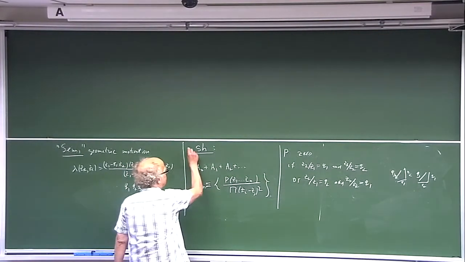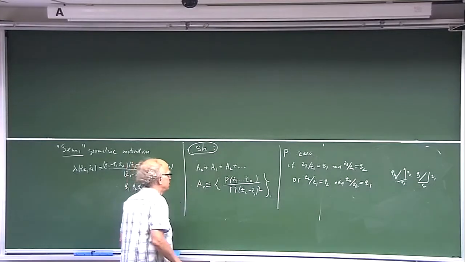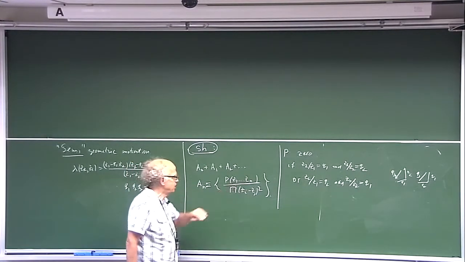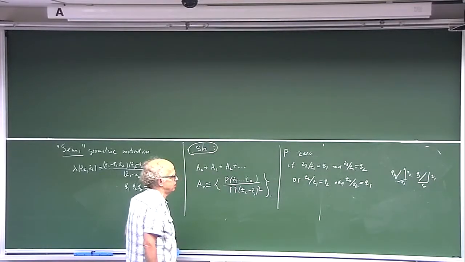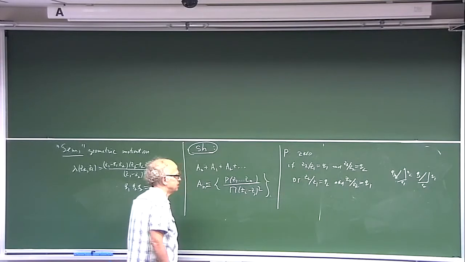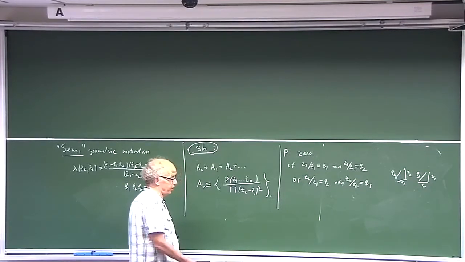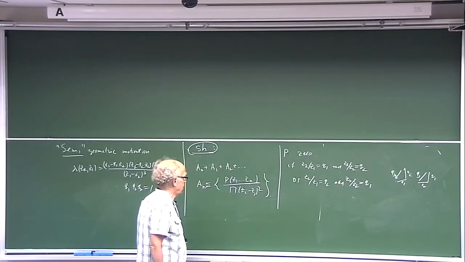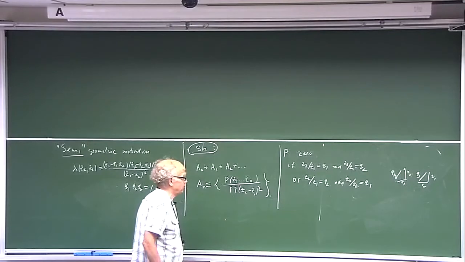Our shuffle algebra just consists of functions satisfying such a condition, and at least what is clear from what I explained yesterday is that the star product preserves this zero condition.